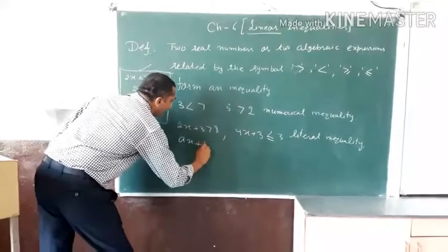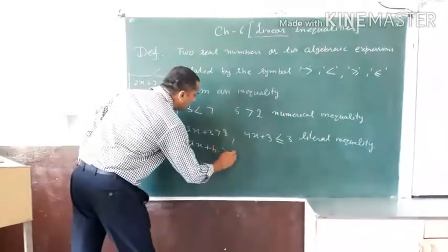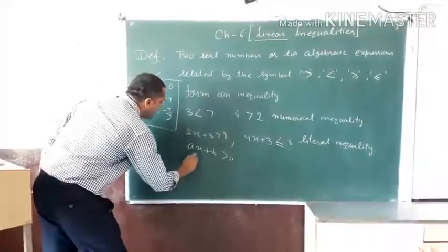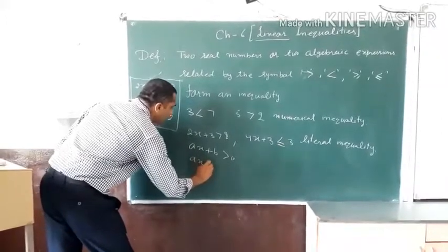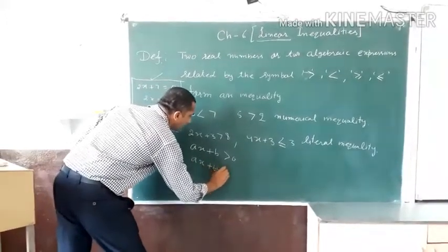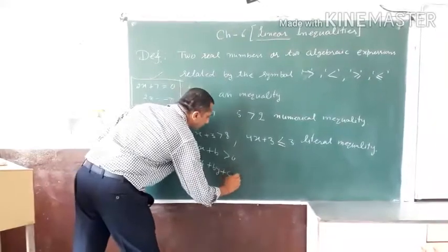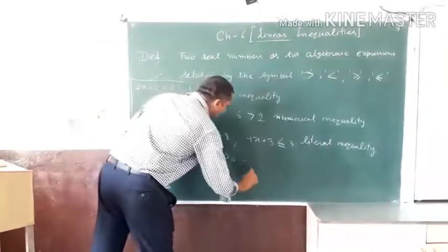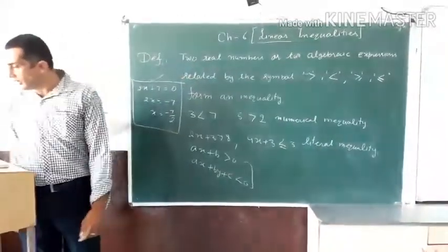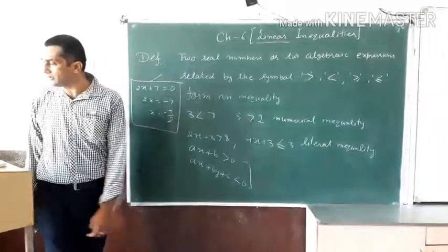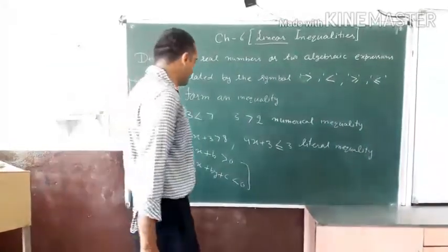ax plus b less than 0, ax plus by plus c less than 0. These types of inequalities are known as strict inequalities.